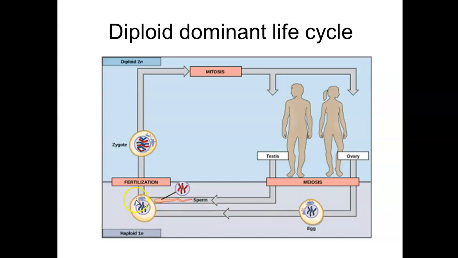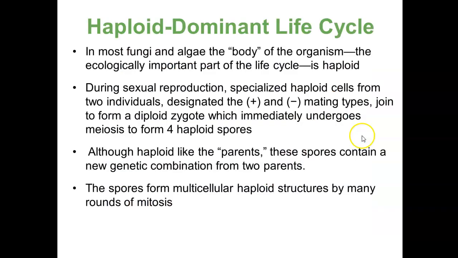Then the cells fuse, the sperm introduces its genetic material into the egg. Those 2 sets of haploid genetics are combined to create a new diploid cell, the fertilized egg, called a zygote, and then we're off running again. And that's the alternation, that's the generation, that's the life cycle of an animal in general.